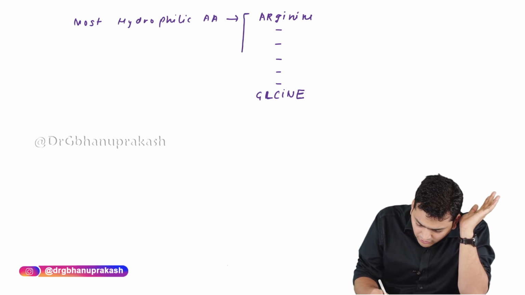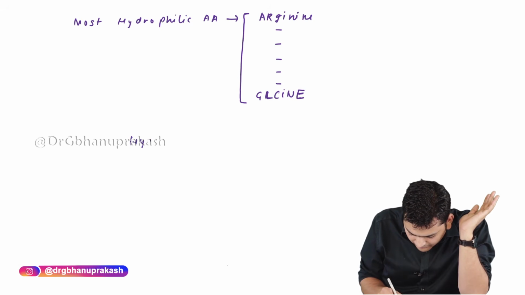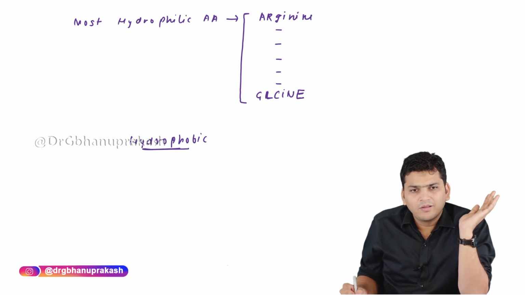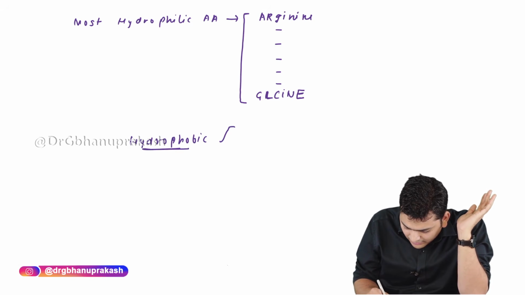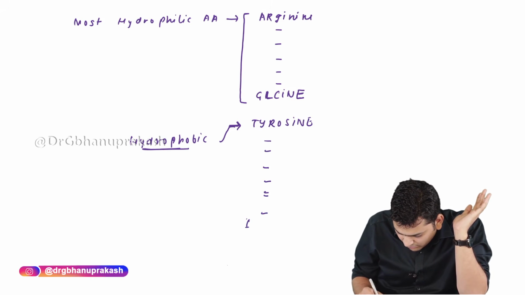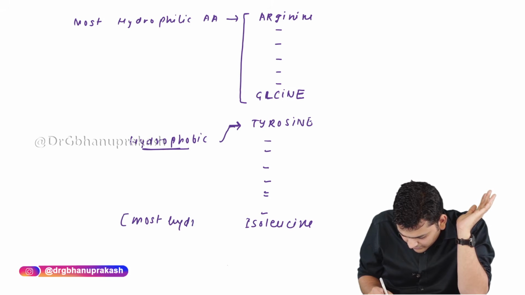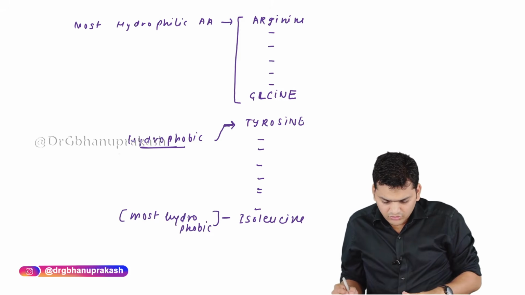So these are the hydrophilic amino acids that we have. When it comes to the hydrophobic, the least hydrophobic among the hydrophobic category is tyrosine. Then there are several examples, and then we reach all the way to the bottom, isoleucine, which is the most hydrophobic.